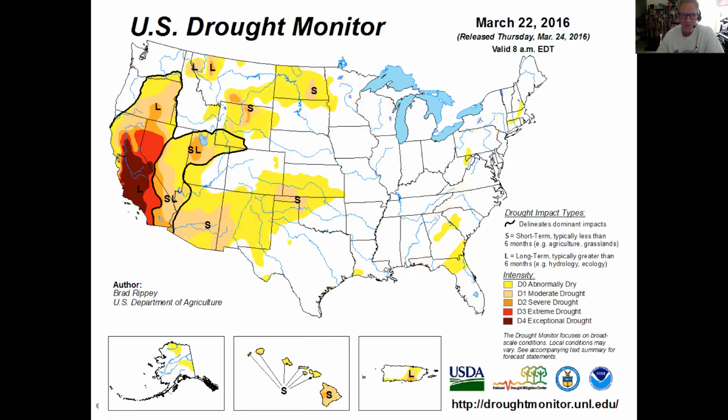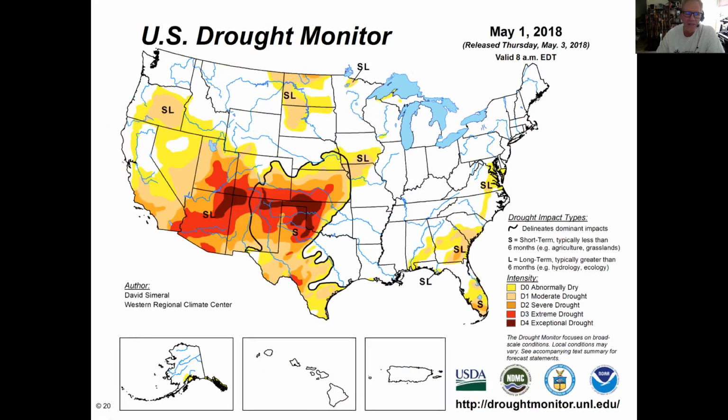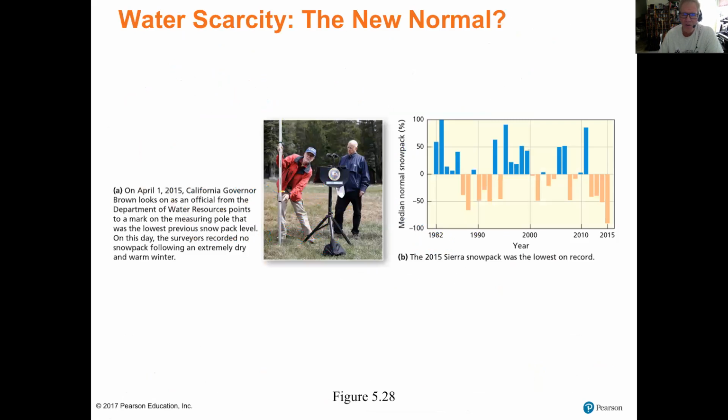Texas has got moisture, so their droughts are gone. And in 18, remember in the winter of 17, we got plenty of rain, so that mitigated our drought conditions. But it's back in place over here in Texas and the Oklahoma Panhandle. So there's almost hardly any year where some parts of the U.S. aren't in a drought. Okay, so let's take a break and we'll look at water scarcity in a little more depth in the next part.